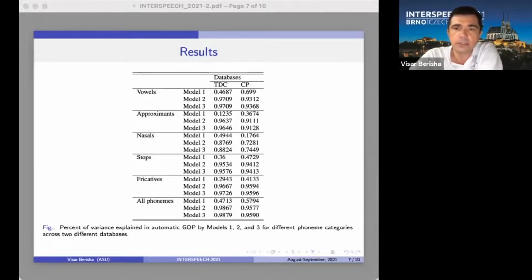I didn't talk much about the speech elicitation tests, but given that these were children, these were effectively imitation tasks. So the clinician read a sentence and asked the child to imitate it, and the child did so.